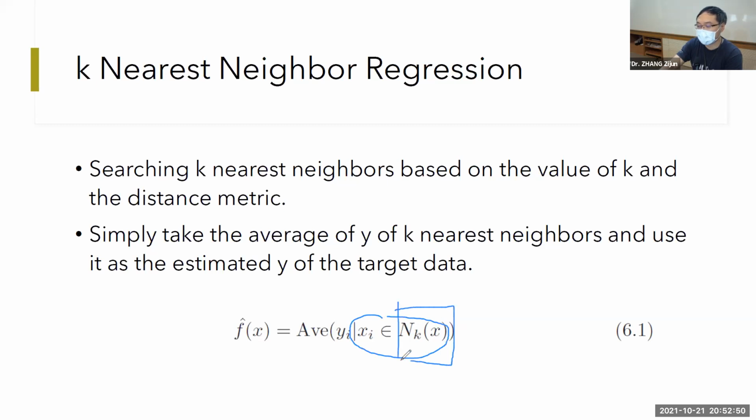This is a set of neighbors, and every x belongs to the neighbors we select. For each x we select, it has an associated y, and the estimation is just an average of these y. That means we take the average of y of the neighbors.